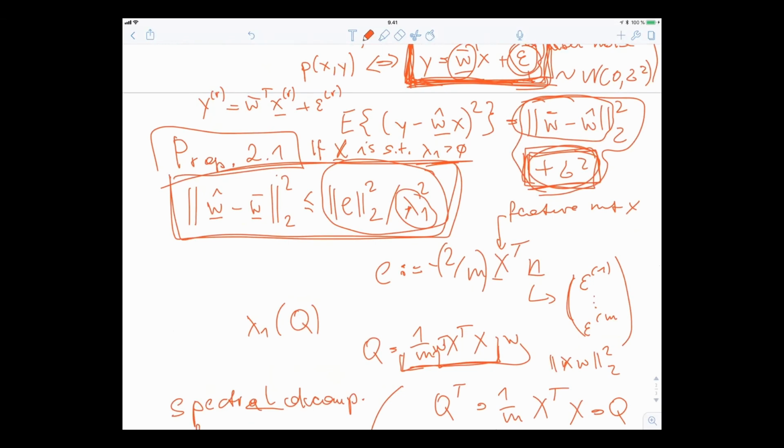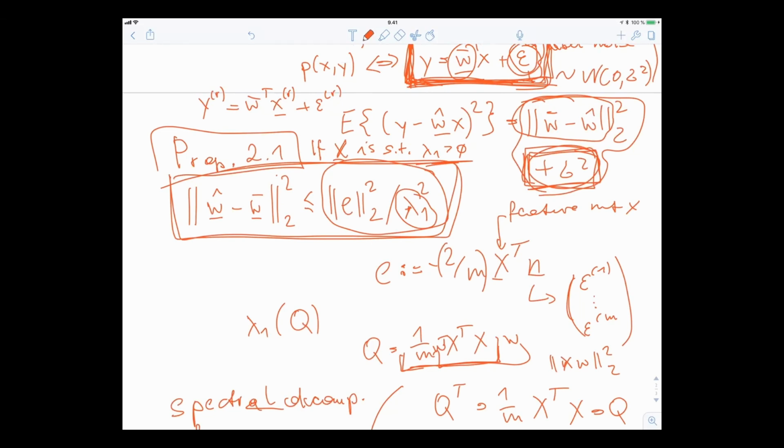And then you could think of how to shape the feature vectors such that lambda 1 is large. It turns out you can make lambda 1 large if the feature vectors look like realizations from a white Gaussian noise process. So this, for example, allows us to motivate feature preprocessing methods or whitening transformations.